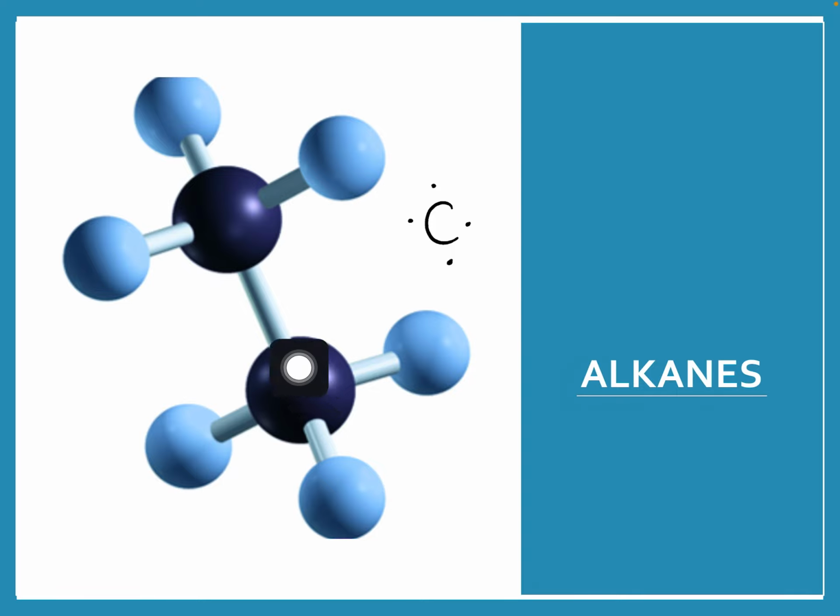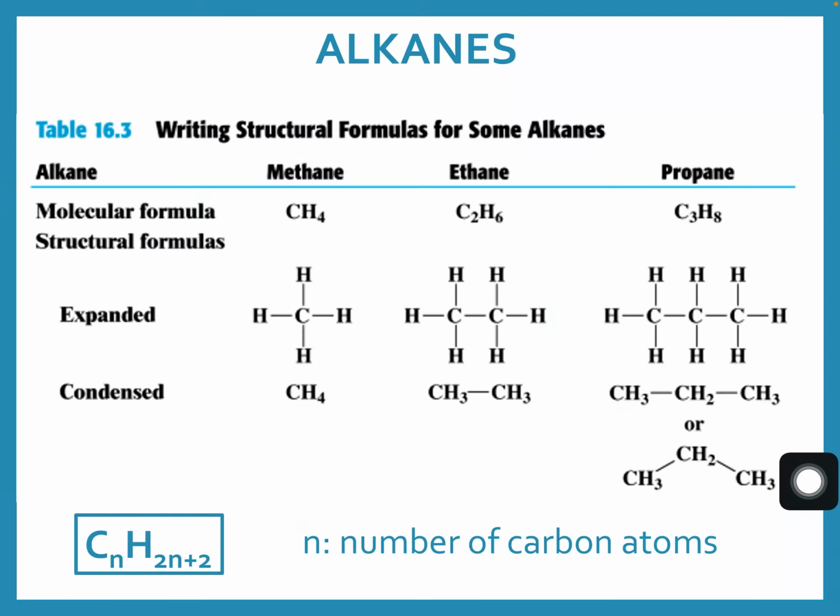So here this carbon has 1 bond to another carbon, so it needs 3 more bonds. So we have 1, 2, 3 hydrogen atoms. So alkanes here are molecules that have all single bonds. So with all of our carbon backbones here, there are no double or triple bonds, only single bonds.